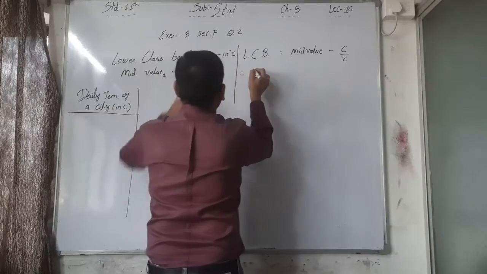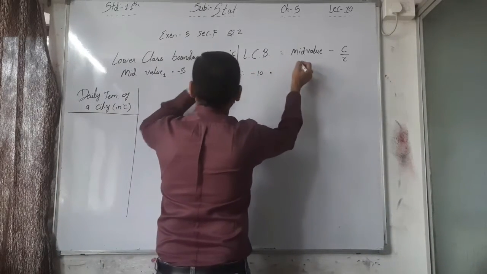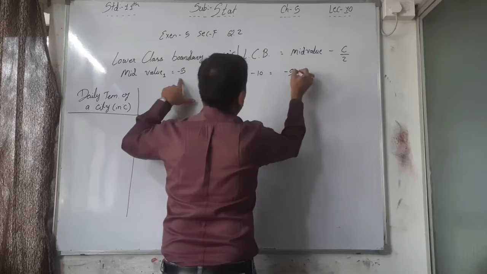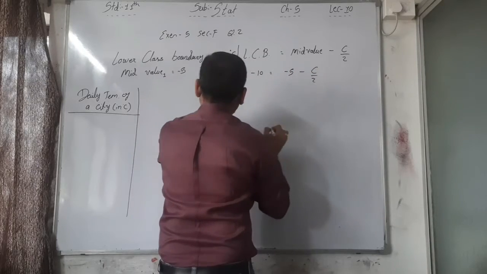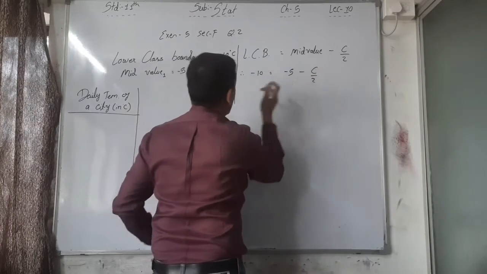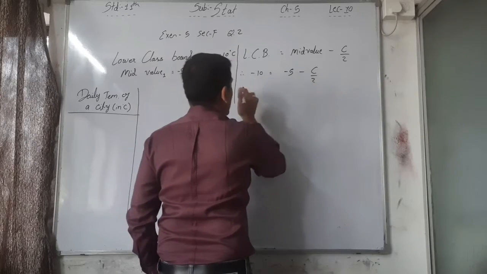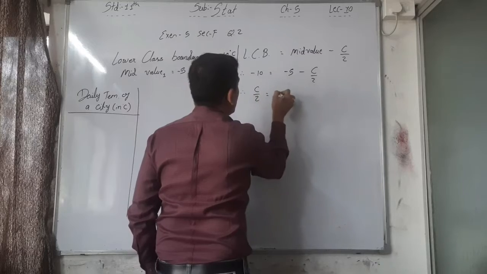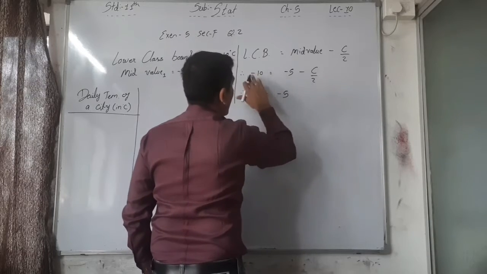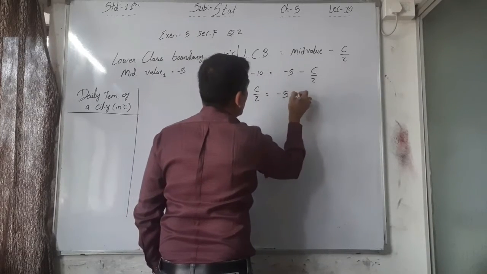Therefore we can say lower class boundary minus 10 is equal to mid value minus 5 minus C by 2. So here I am transferring all these on this side and these on this side. So minus C by 2 transferred to this side becomes plus C by 2, minus 5 as it is, and 10 transferred to the opposite side of the equals sign becomes plus.